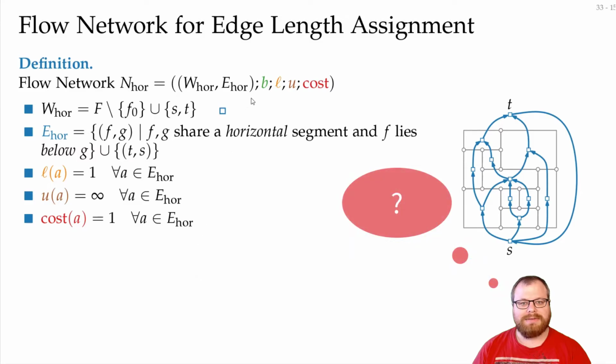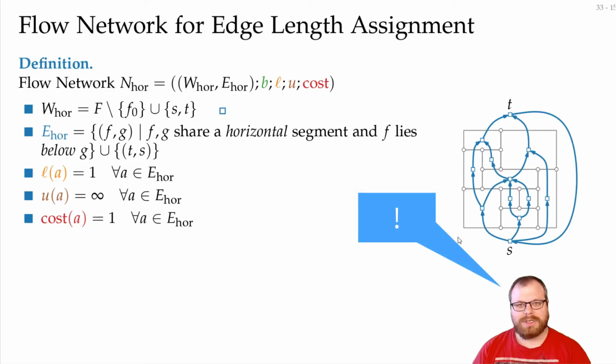And finally, what is the production and demand of our vertices? Well, for all those interior vertices, it should be exactly 0, because the length at the bottom and at the top of the rectangle has to be exactly the same. And for S and T, we also set it to 0.